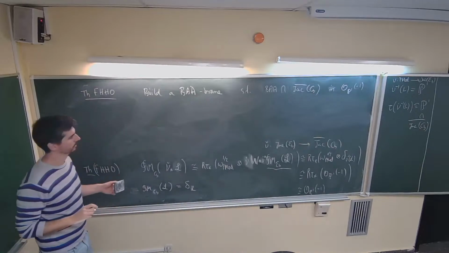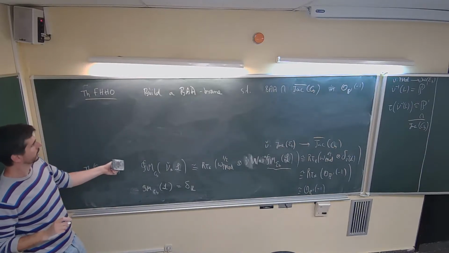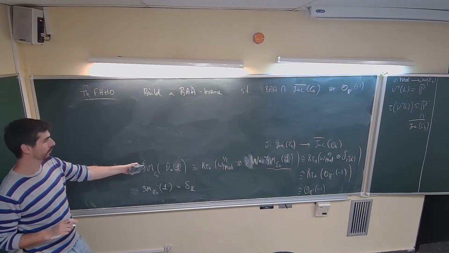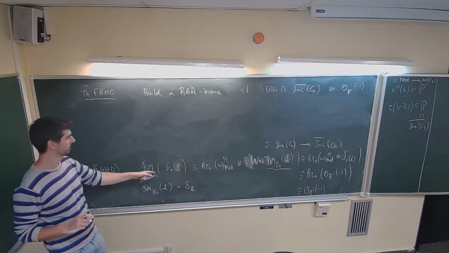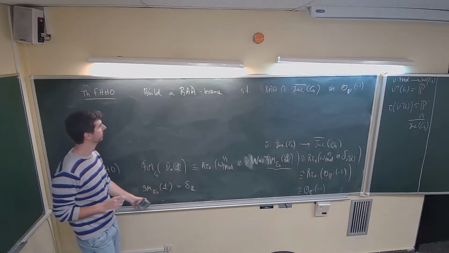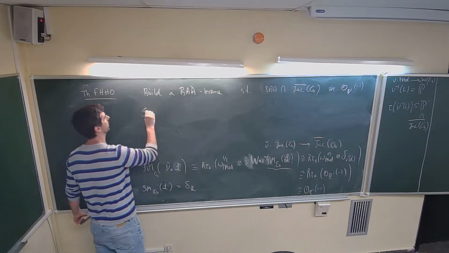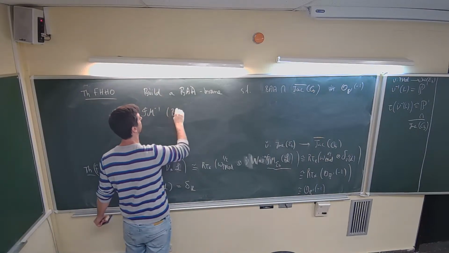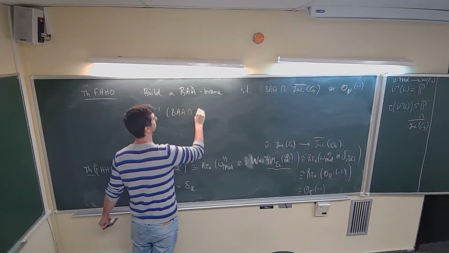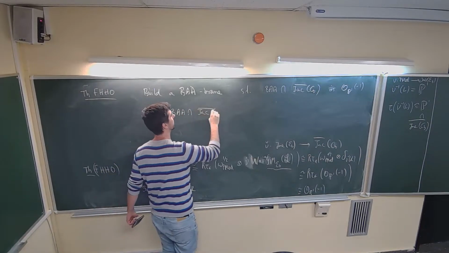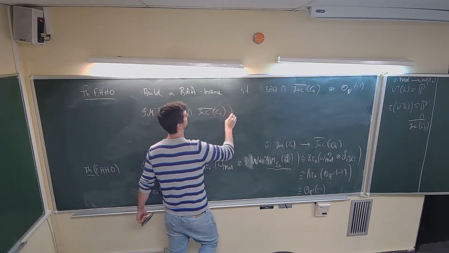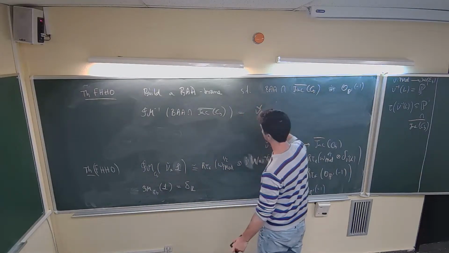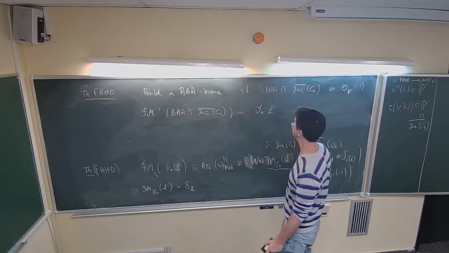And by construction, we know for sure that the Fourier-Mukai transform will be given by this guy: the inverse of this BAA brane intersected with this Jacobian is precisely this nu check of this line bundle.